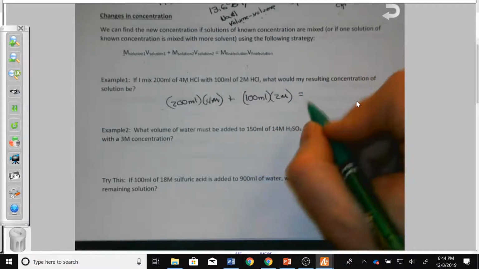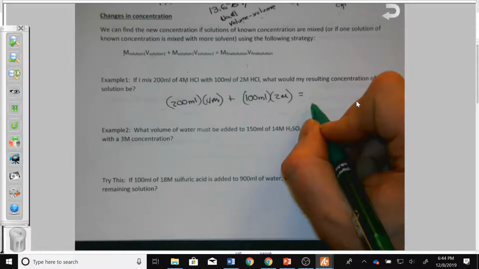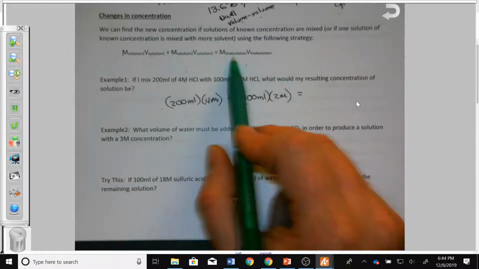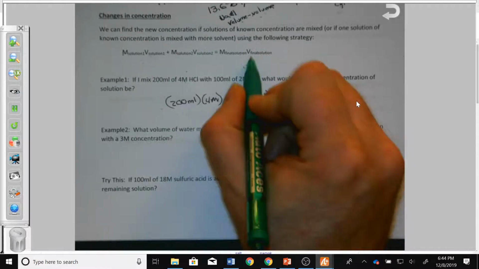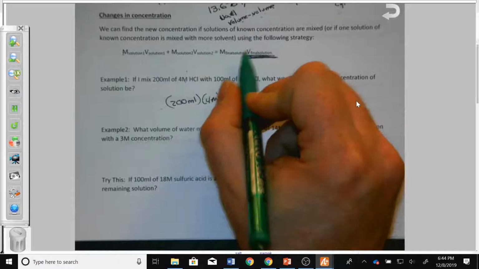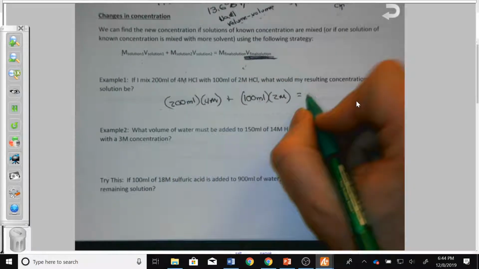My resulting concentration would be, well, wait a minute, I've got two unknowns. How do I know how to multiply those? Well, you don't really have two unknowns. Again, we're going to assume that all the volumes are additive. So the volume of the final solution is the volume of these two solutions added together.